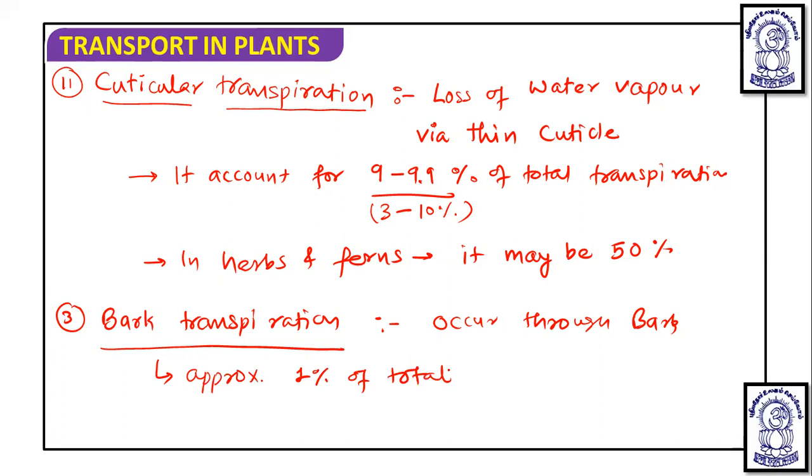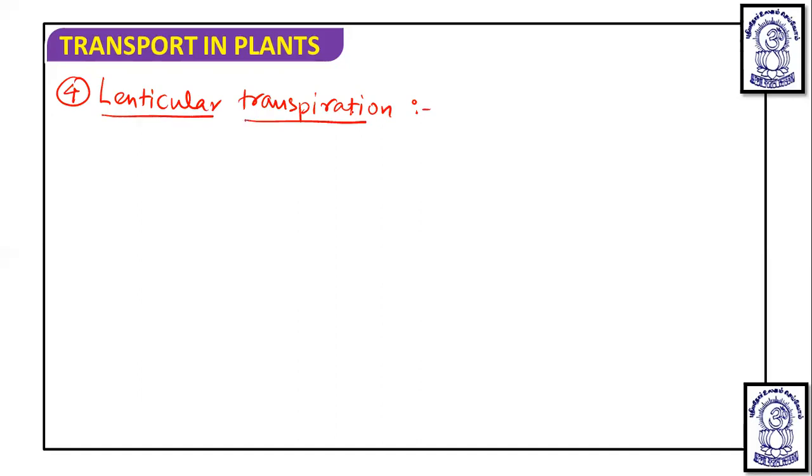Apart from this, the fourth one is lenticular transpiration. And we know that lenticels are the breathing pores through which transpiration takes place.